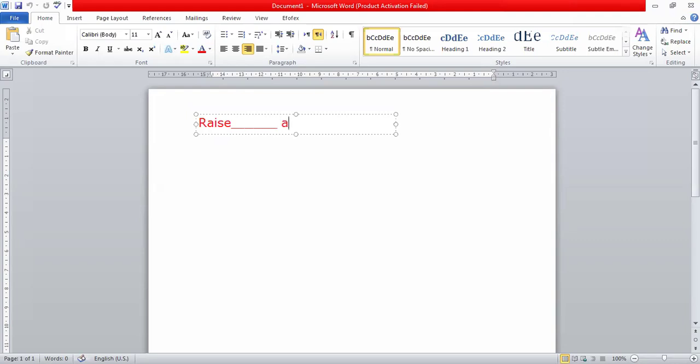For animals, as we said before. We took raise with animals, and we took grow for what? For plants or crops. Note these two words very well. Let's go to our lesson.